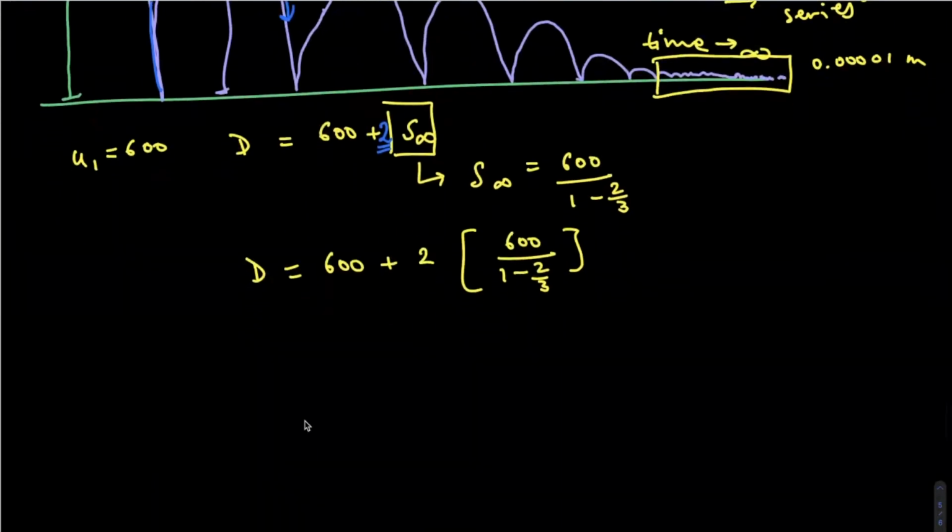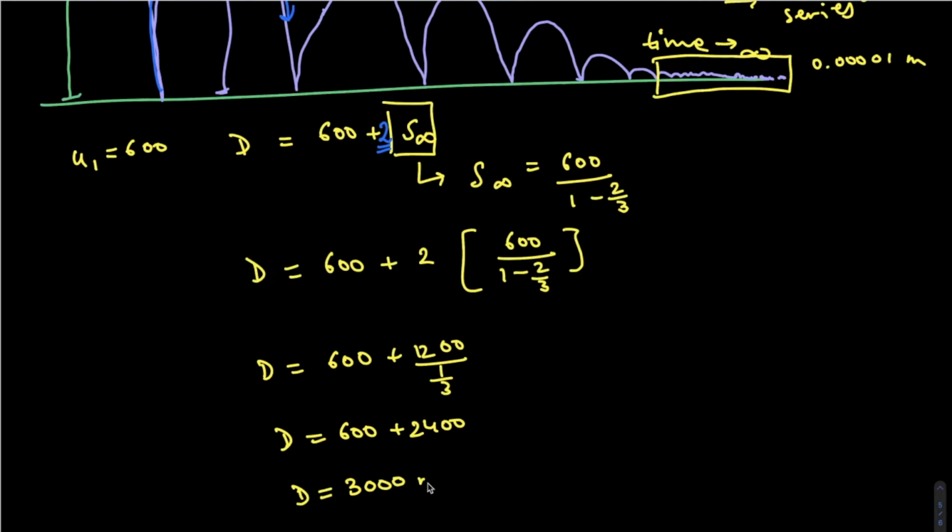So if we simplify that, what we get is 600 plus 1200 upon 1/3, right? I multiplied 2 with 600, I got 1200. I subtracted this, I got 1 by 3. So I get 600 plus 2400. And what I get is 3,000 meters.